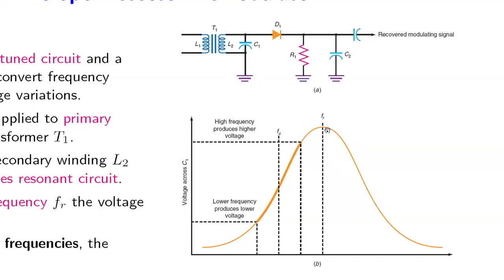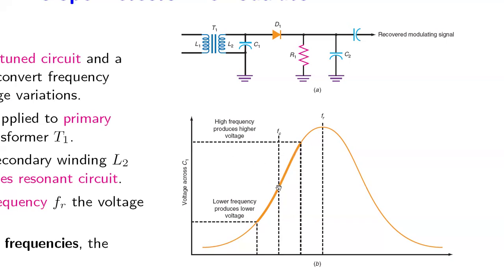At resonant frequency, when L2 and C1 are in resonance, we are getting the highest output. And this center is the carrier frequency, FC. This point is FC. Below this, lower frequency produces a lower voltage, and higher frequency produces a higher voltage.